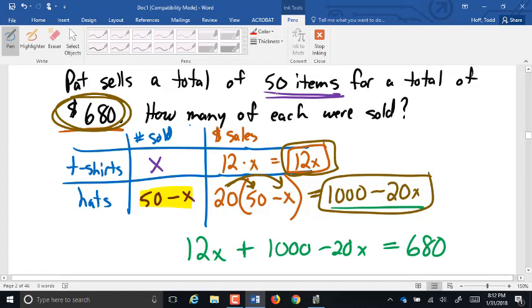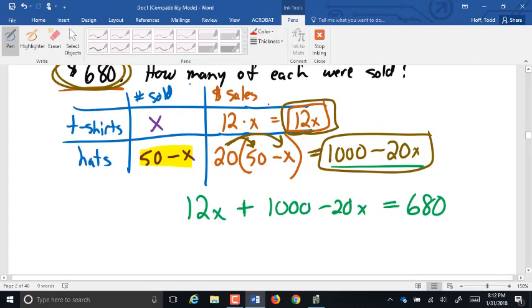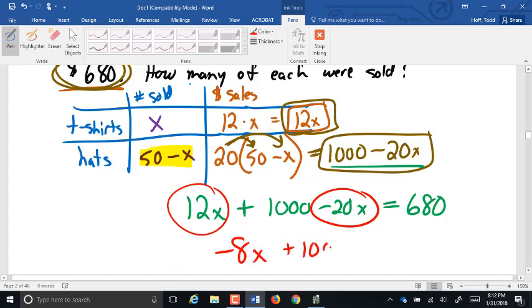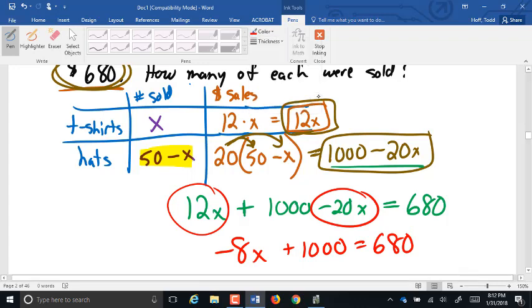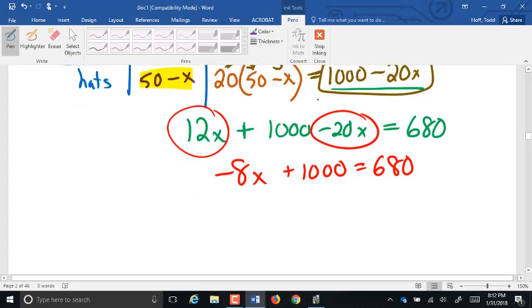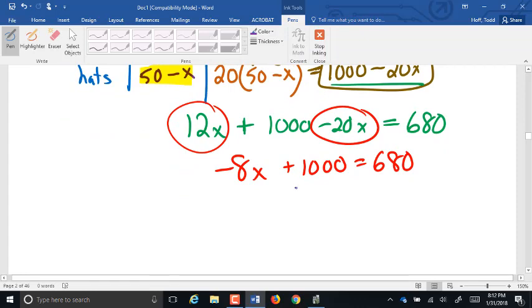Now the X appears twice. What do we have to do? Combine 12X and negative 20X make negative 8X plus 1,000 equals 680. Now we have to try to get X by itself. What's the first thing we're going to do? Perfect. We subtract 1,000.